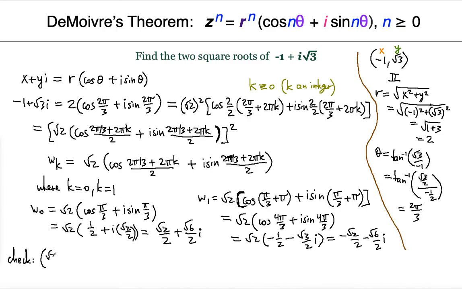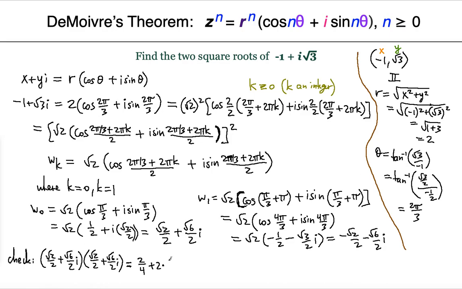If you square the first one, the first square root, you're essentially multiplying it by itself. So you will get, the first product is just basically 2 over 4. The second and third products are the same, so we're going to multiply that by 2, the products.